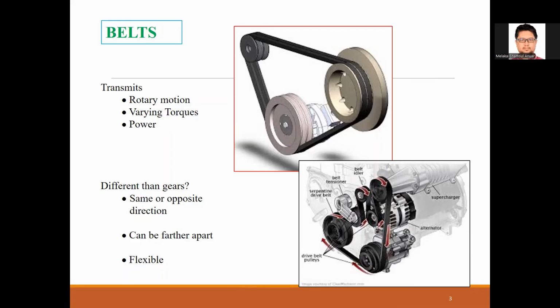So we see some of the, I'm not sure what part of the machine, but the motor is a bit farther from the output, from the thing that it wants to power.